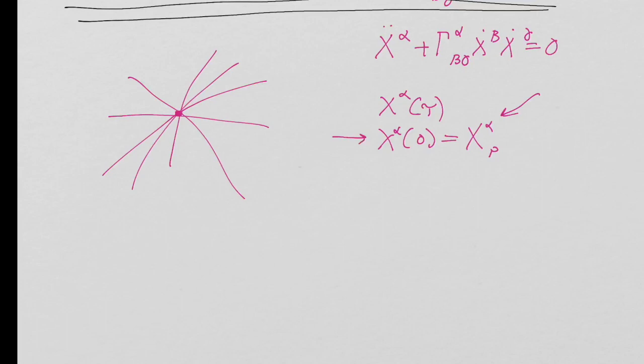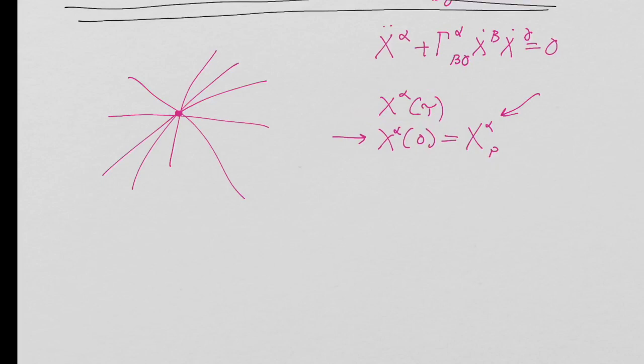Naming the coordinates and the geodesic path the same is done frequently in general relativity books, and I'm tempted to change that on the fly, but we'll just leave it as it is. Understand that this represents the geodesic path, and this is the coordinates of the point P in the x coordinate system.